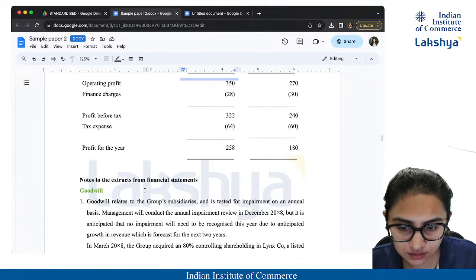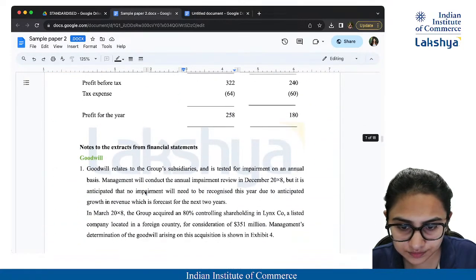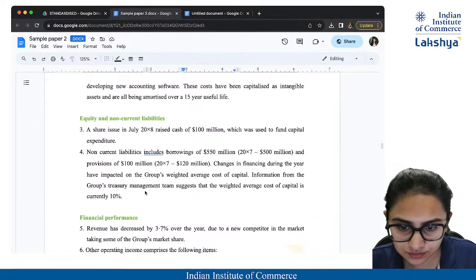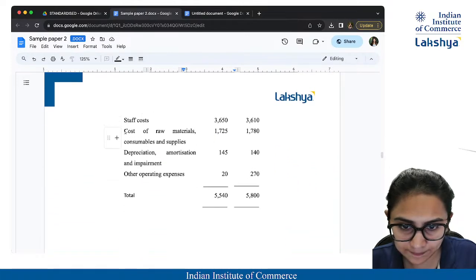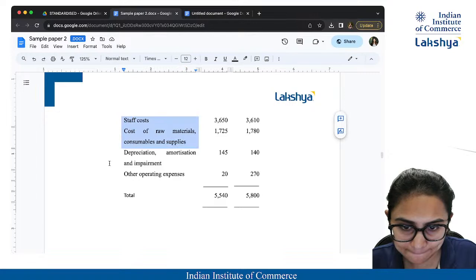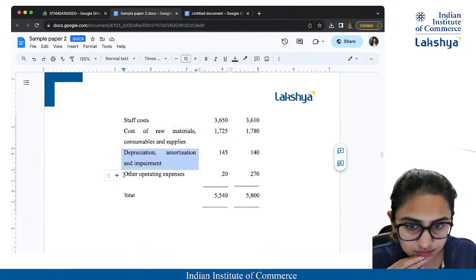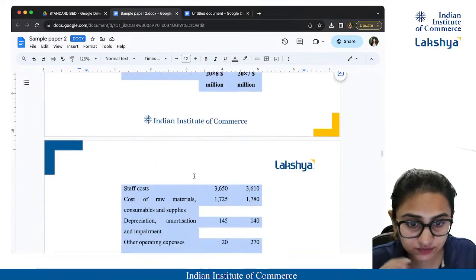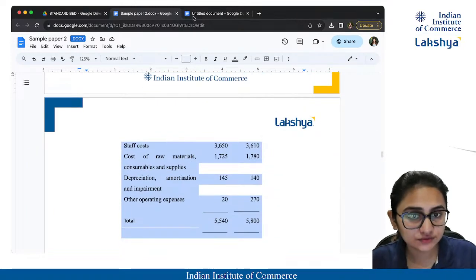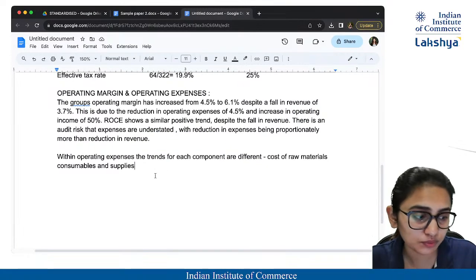You see from here, their trend is different. So every component of operating expenses which is clubbed together, their trends are different in every component.